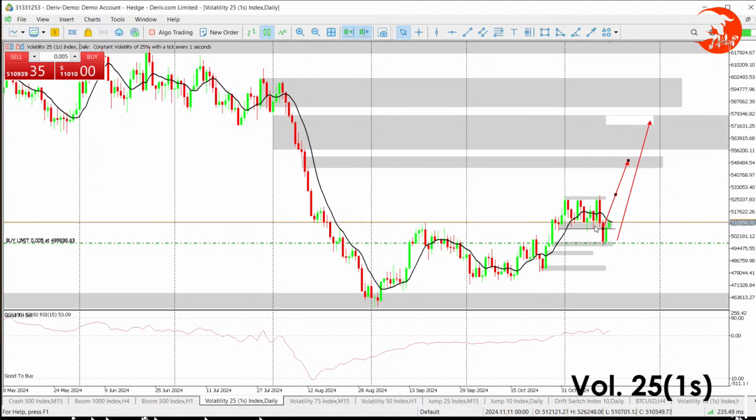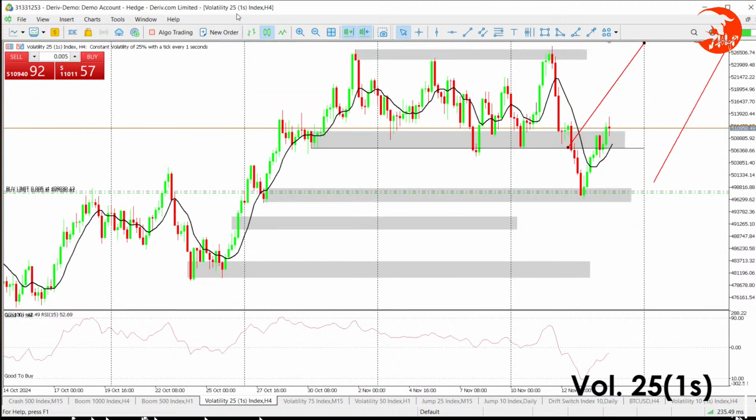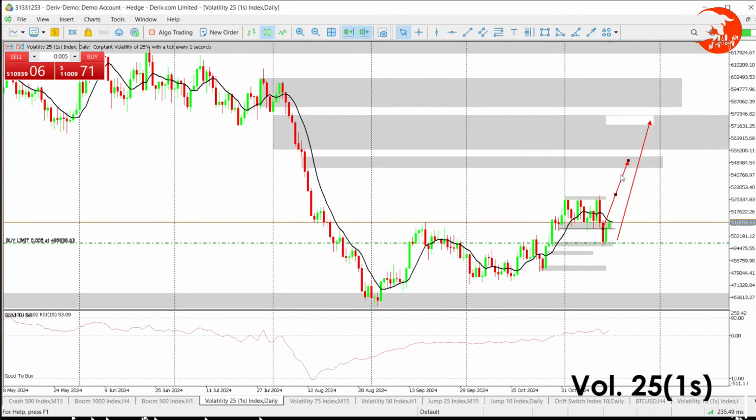This was accumulation, call it consolidation, and it was a horizontal channel there, according to H4 here. So now we'll be looking for this kind of move to bring us to that fair value gap. That's where we'll be taking our profits.